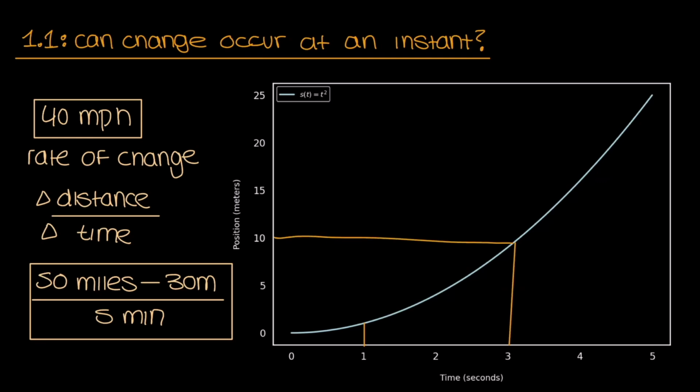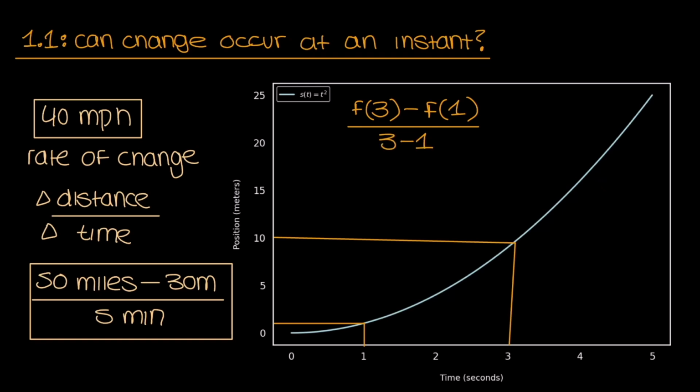So 3 corresponds with 9, my position being 9 at 3 seconds, and my position at 1 looks to be 1, right? So I can write this rate of change as f of 3 minus f of 1 over 3 minus 1, right?